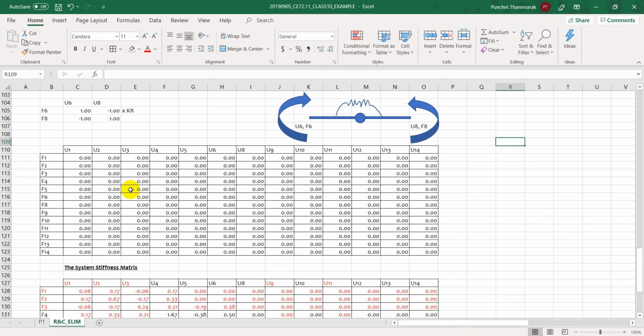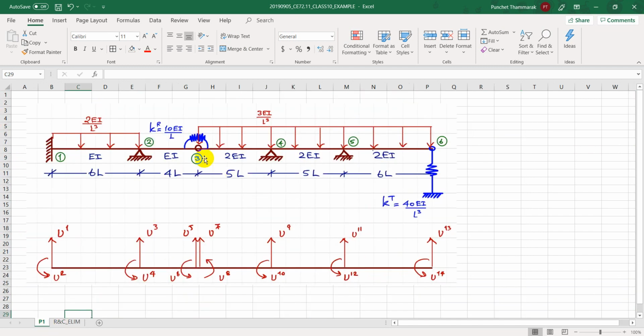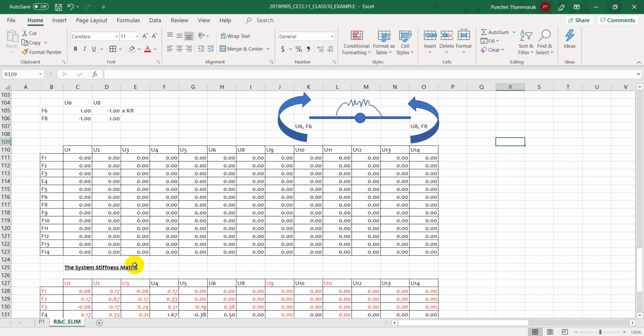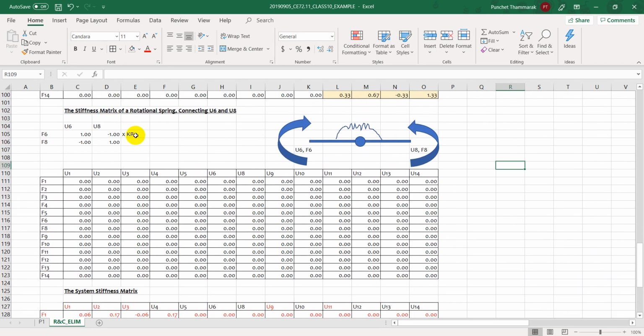Okay. So, what is the rotational stiffness, 10 EI/L? Basically, then you will just put that 10 in. Right, so it is 10, minus 10, 10, and minus 10. Just that.